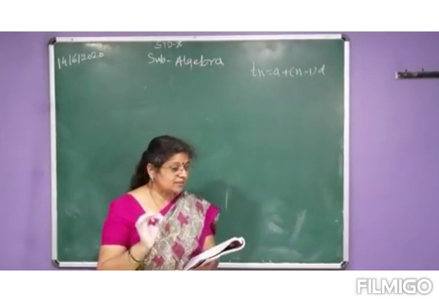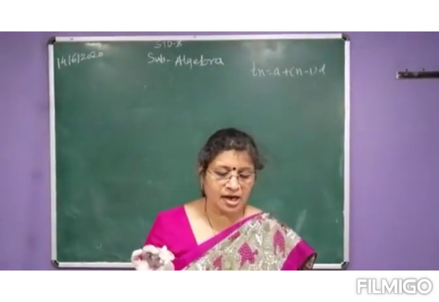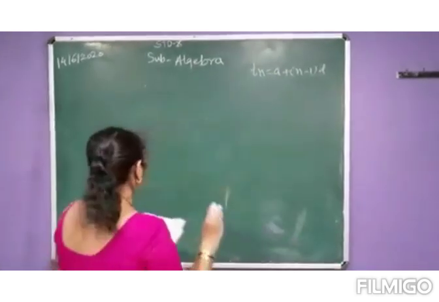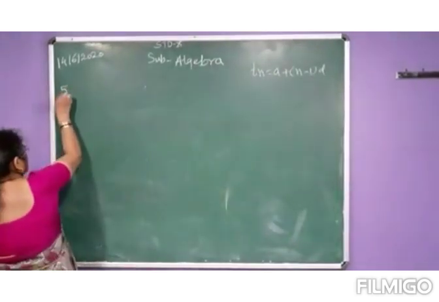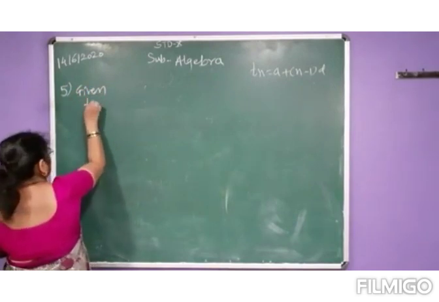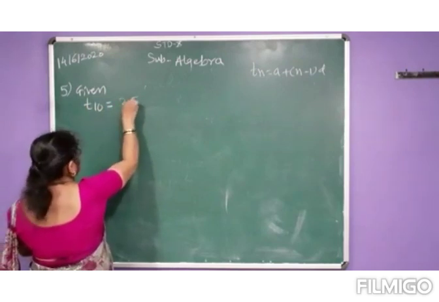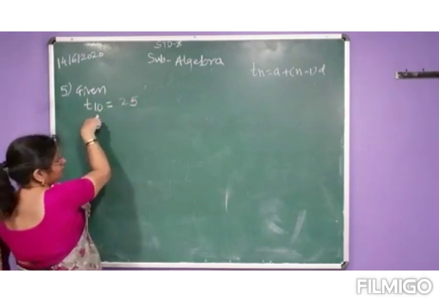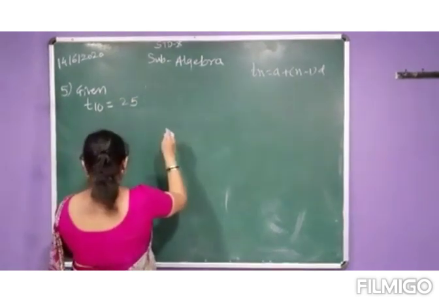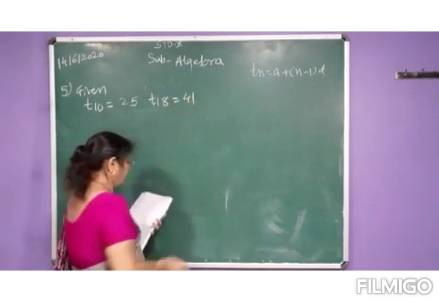Now here see, the 10th term and the 18th term of an AP are 25 and 41 respectively. That means what is given in the question is T10 is 25, that is, at the 10th term the number 25 is there, and T18, the 18th term, is 41.